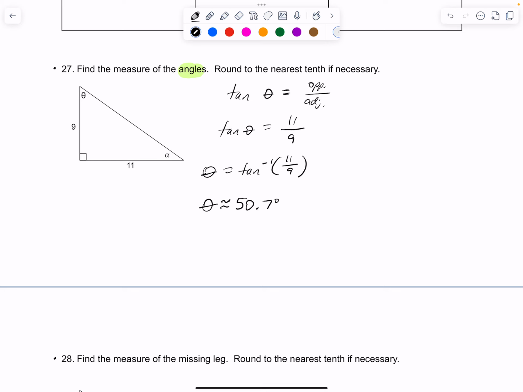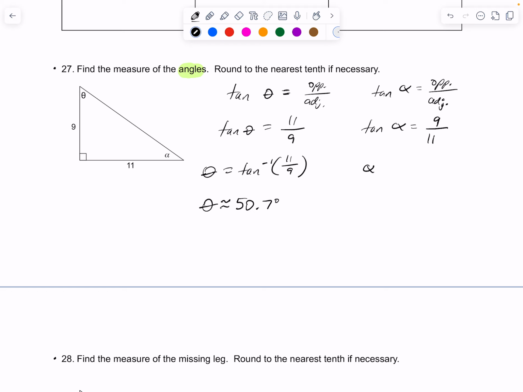All right, so now if we want to find alpha, using that same process, remember again, tangent is always opposite over adjacent, but depending on what angle you're looking at, it changes which sides are your opposite and what sides are your adjacent. So for alpha, the opposite side is 9, and the adjacent side is 11.